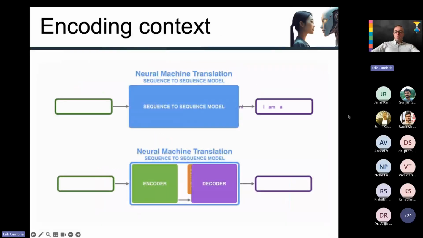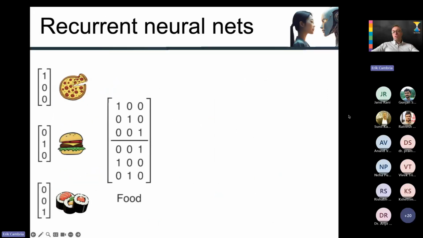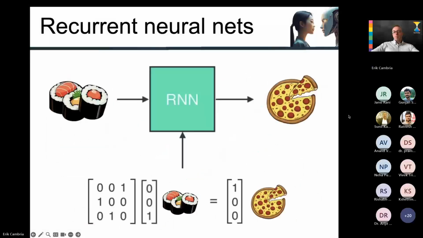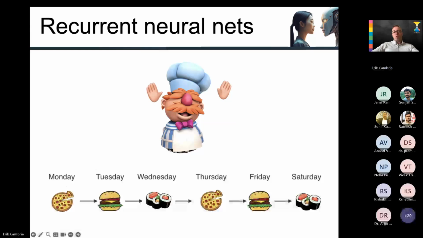So here in this example for the recurrent neural network, I use this as a sequence. If I cook pizza on Monday, then on Tuesday I cook burger, then I cook sushi, and then it starts again.